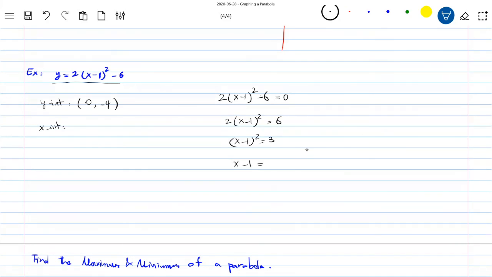X minus 1 equals square root of 3. But remember, when you take a square root, you should consider plus or minus. So either x minus 1 equals root 3 or x minus 1 equals negative root 3. What is x? This is 1 plus root 3. Add 1 to both sides.